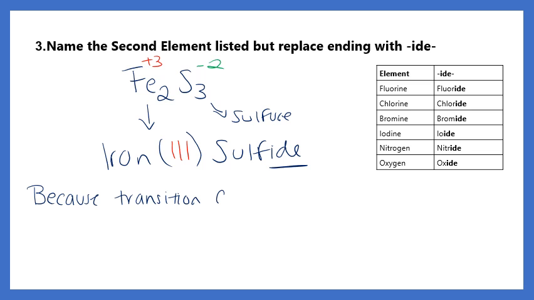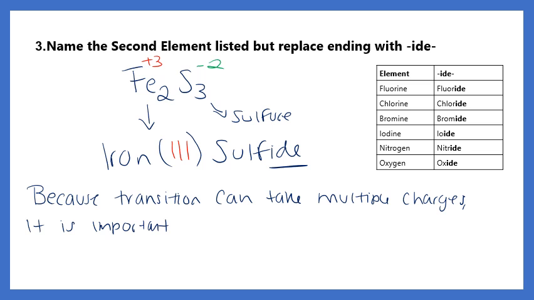Because transition metals can take multiple charges, it is important to put the charge it takes in its name.